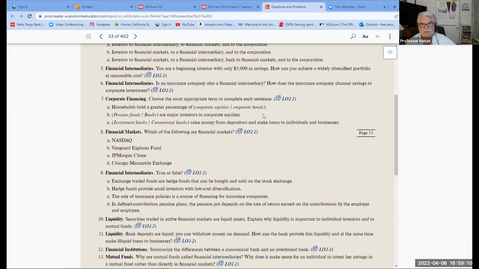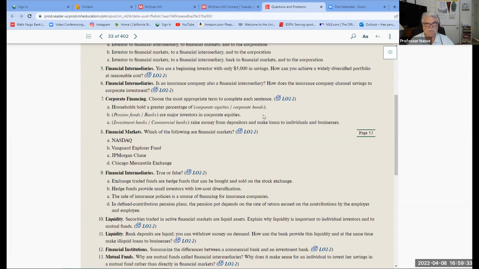And finally, here's 4 examples of financial markets. Which of these are actually financial markets? NASDAQ? Yes. Vanguard Explorer Fund? No. That's a mutual fund that we just talked about. That's one of Vanguard's largest mutual funds.